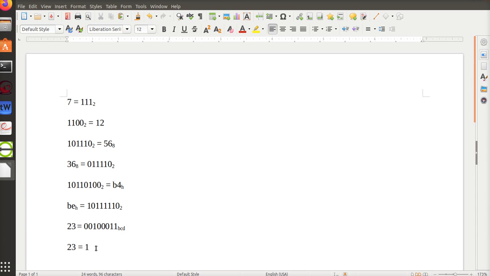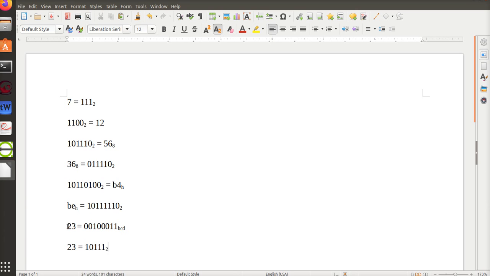Would I have an 8? 16 and 8 is 24, so I wouldn't have an 8. I would have a 4. That gets me to 20, a 1, and a 1. Base 2. And there you go. Okay? That's what I wanted to illustrate.